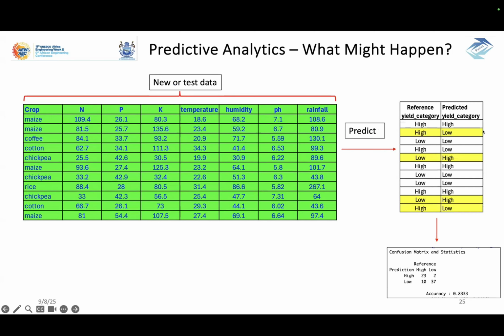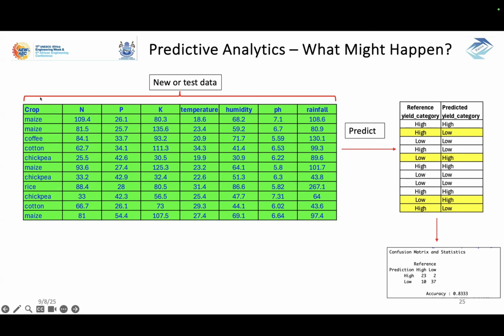Okay. And of course, any prediction is not 100% accurate. But what you have to do is make sure that your accuracy is high. So for example, let's call this the test data. We use historical data to build our model, and from that historical data, you divide it into two. That's how AI people do it. You train and you test.